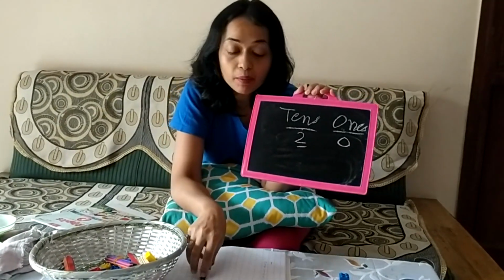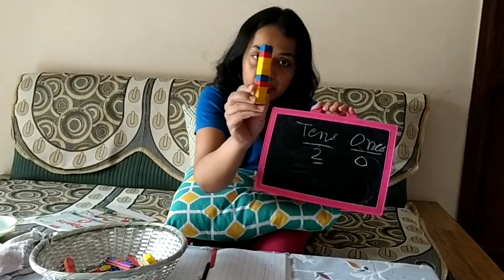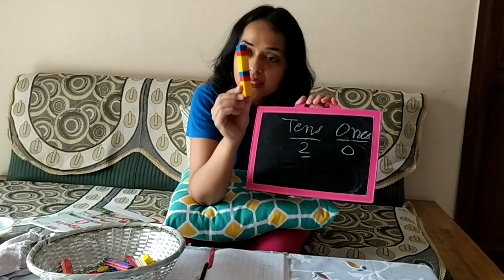So now what I'm going to do, I have this, right? This is 1 ten, this has 10 blocks.